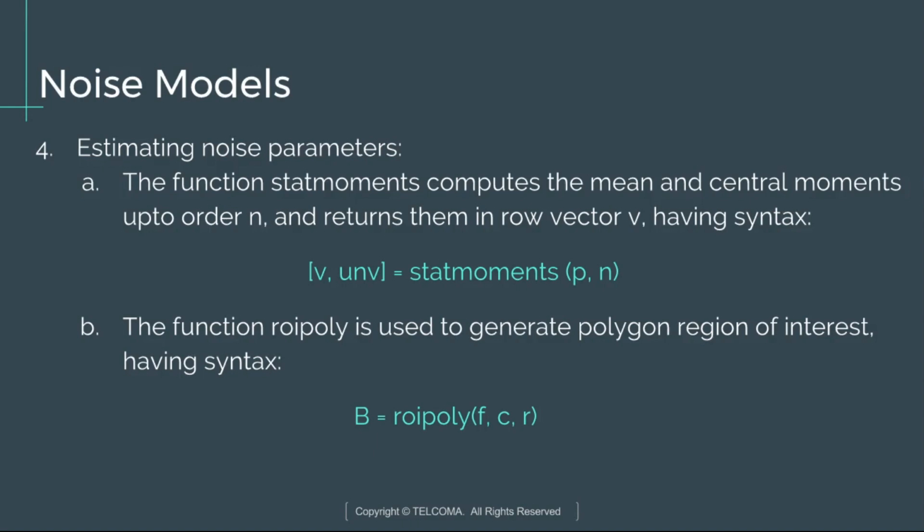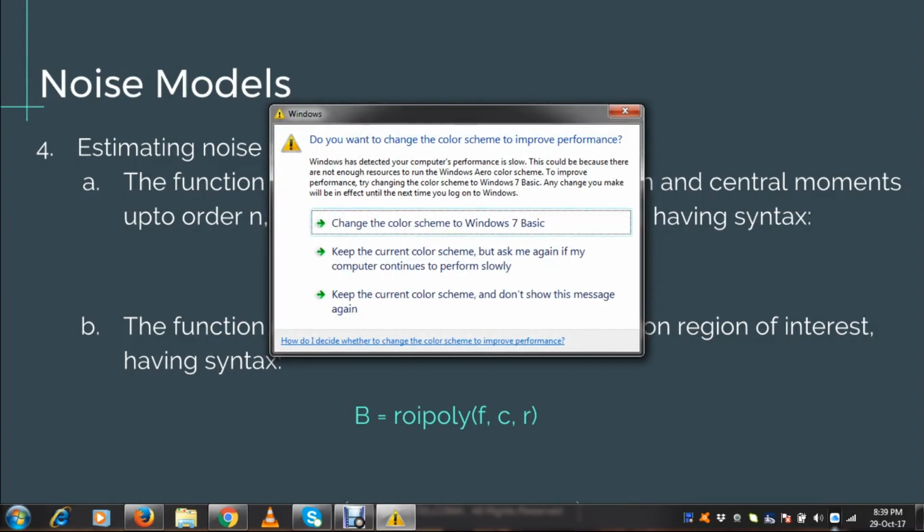To select a region of interest in MATLAB, the function roipoly is used, which generates a polygonal ROI, where ROI is region of interest. This function has the basic syntax B = roipoly(f, c, r), where f is the image of interest and c and r are vectors of corresponding column and row coordinates of the vertices of the polygon.